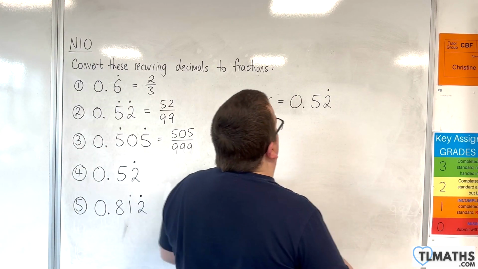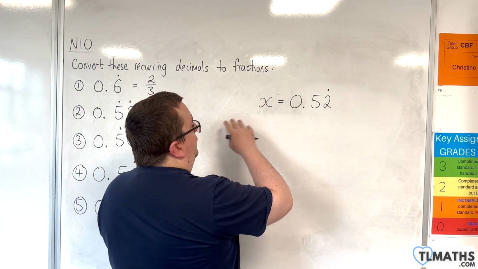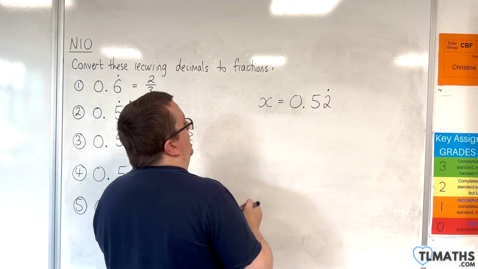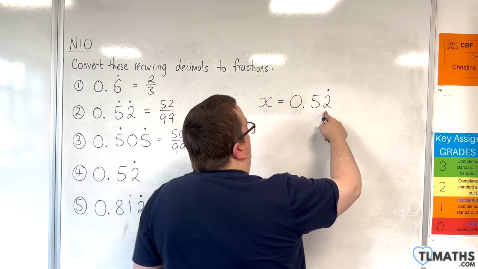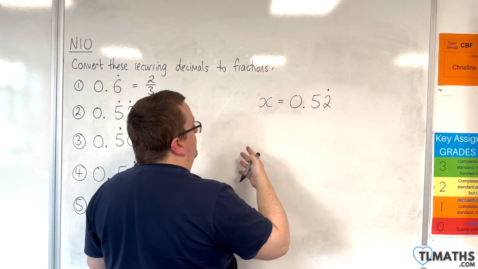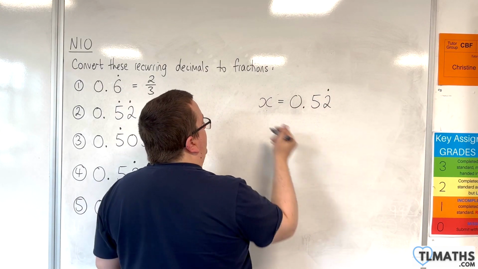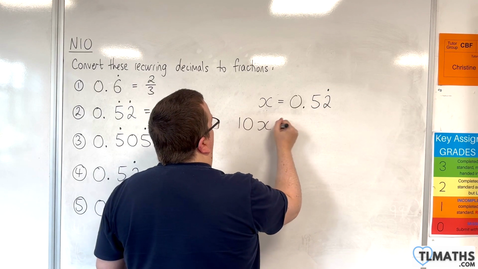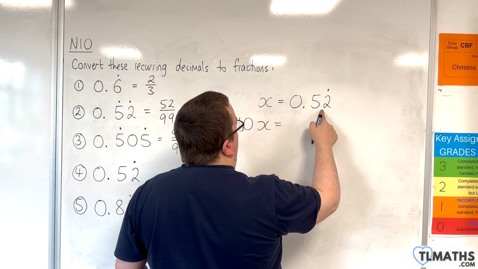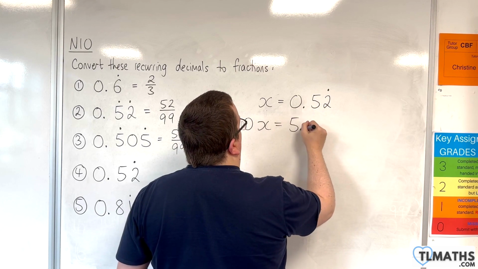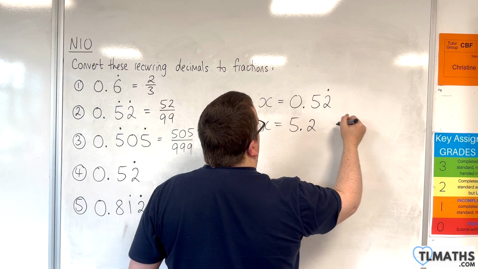Okay, now if I was to multiply this through by 10, let's say, now although that's in the hundredths unit, if I multiply it through by 10, you will get the recurring part matching up, and I'll show you what I mean. The decimal point is going to move one step to the right, so we'll have 5.2222222.